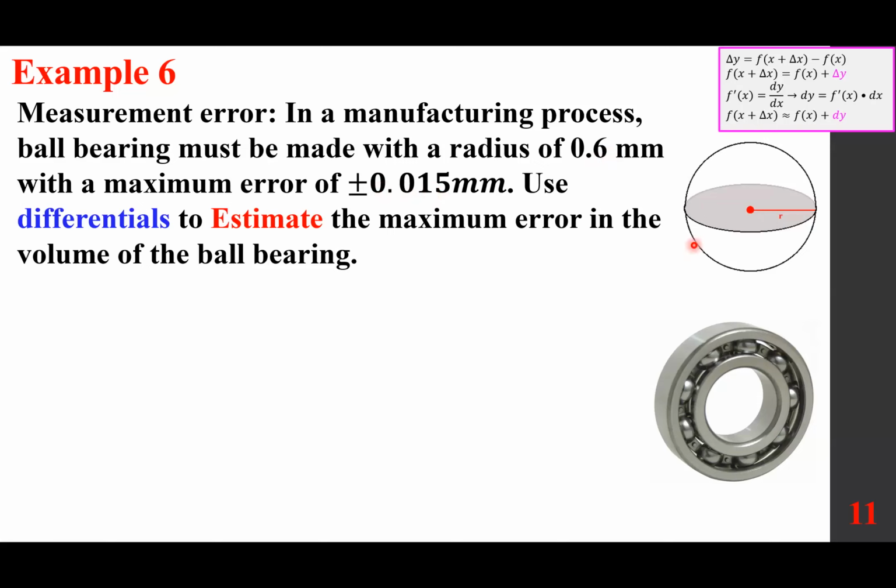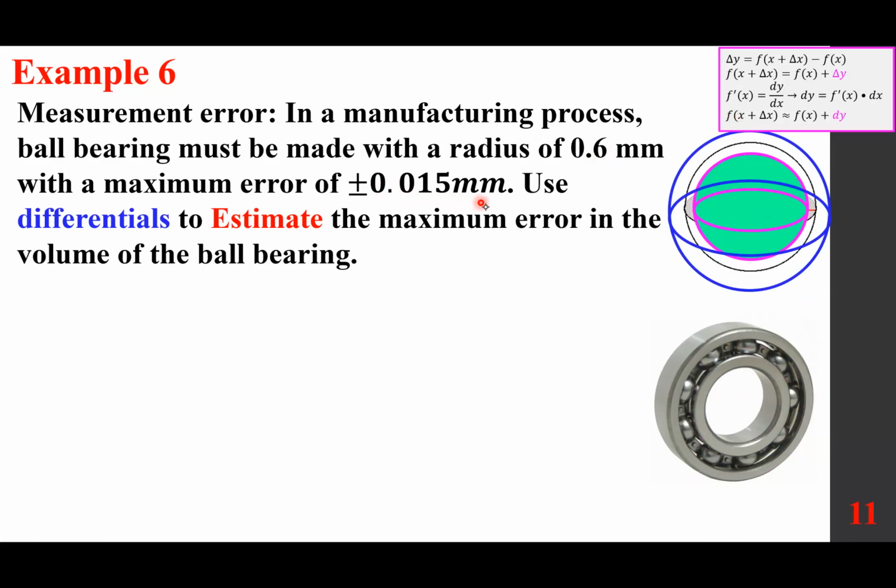So this is the size we need, r equals 0.6. It may be smaller. By how much? 0.015 millimeters. Or it may be larger by the same amount. So it's 0.6 minus 0.015 for the green one, or 0.6 plus 0.015 for the blue one.